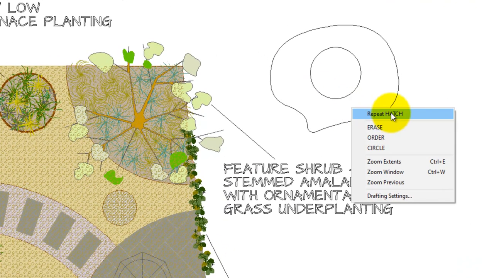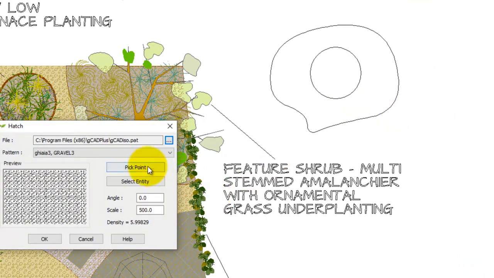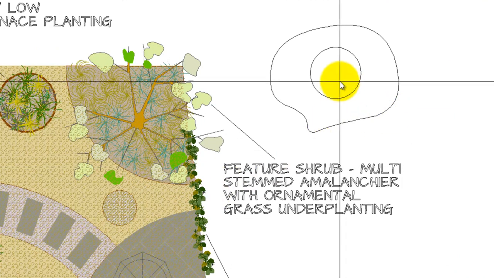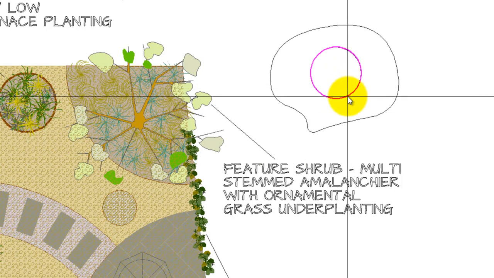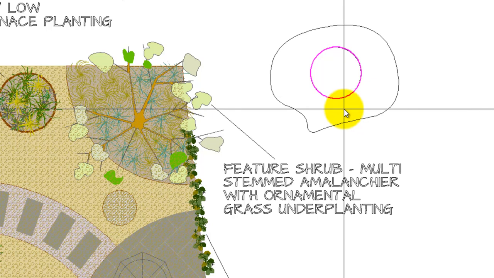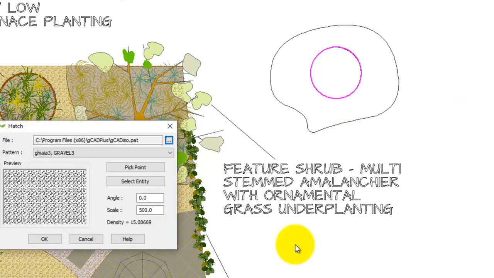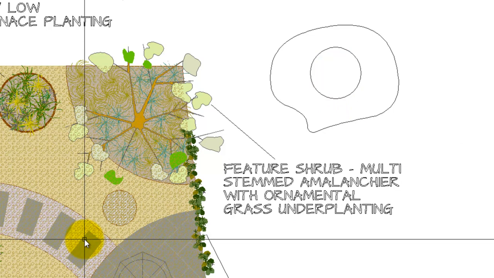If we repeat the hatch and we say pick a point, what gCADPlus does is radiates out from the point that I picked and makes an extra boundary. I'll just cancel from there and move away.